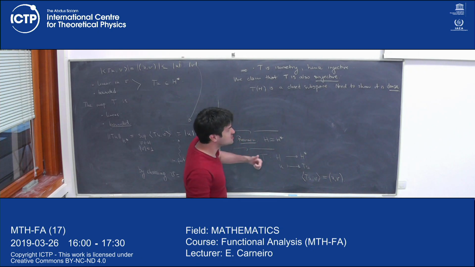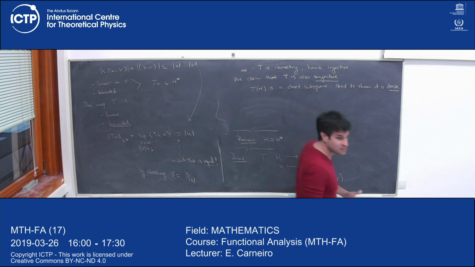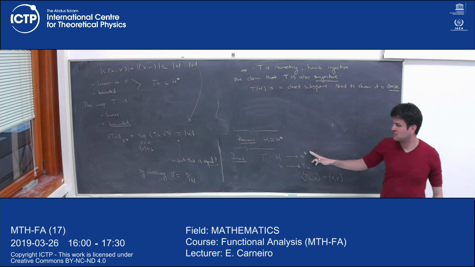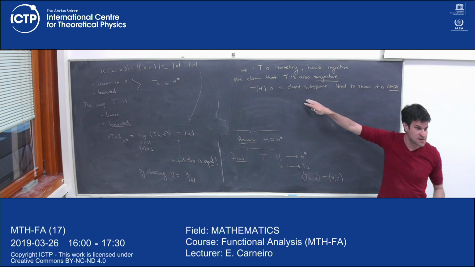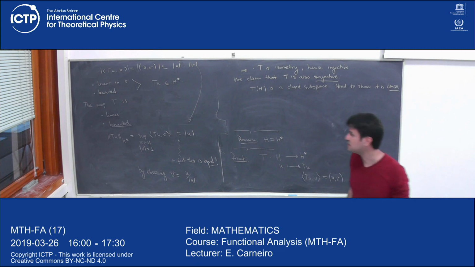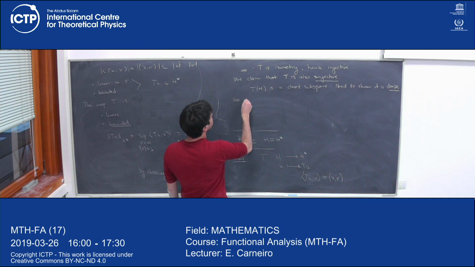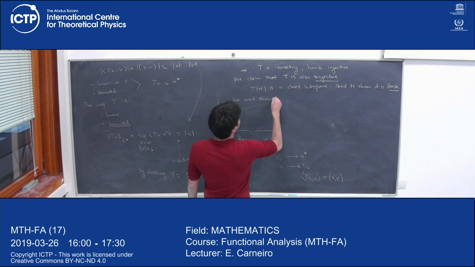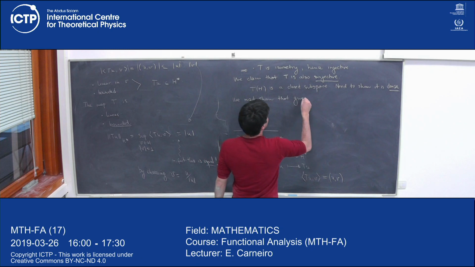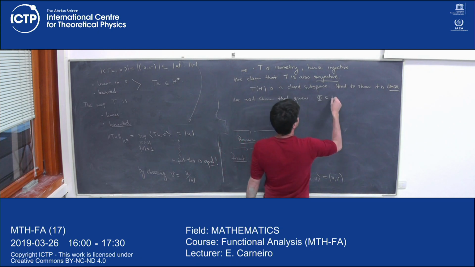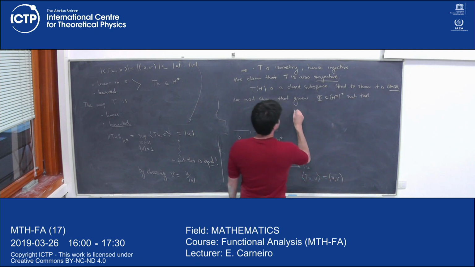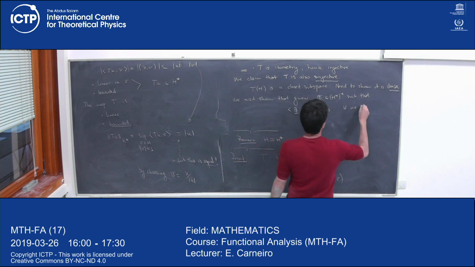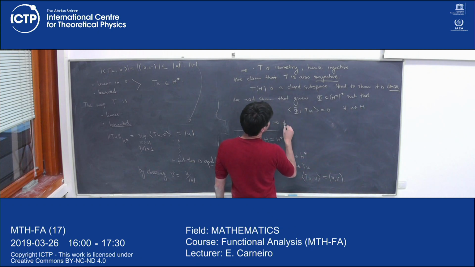How do you show that a subspace of H dual is dense? You take a functional in the dual that vanishes on the subspace, and then you have to prove that this functional is zero. So we must show that given a functional phi belonging to H dual, such that phi acting on Tu is zero for any u in H, this implies that phi is zero.